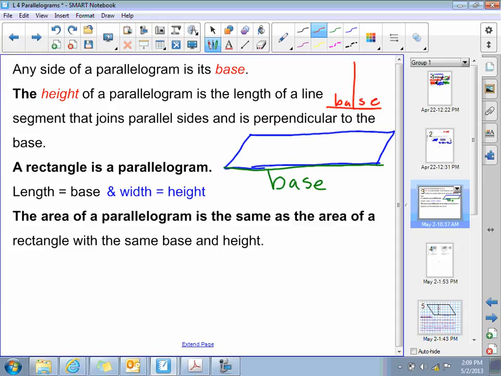So I need to have a perpendicular dotted line. That is going to be my height. My height is not the side, but this dotted line. So we'll talk about area as base times height.